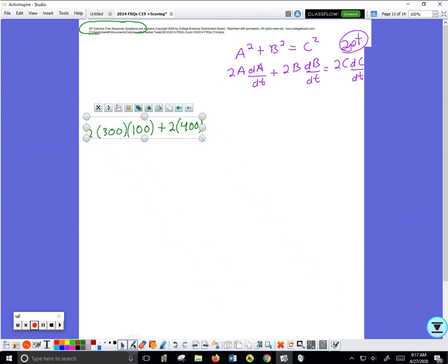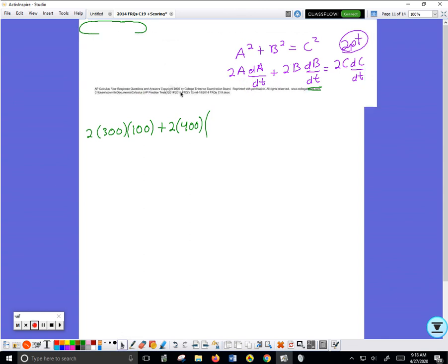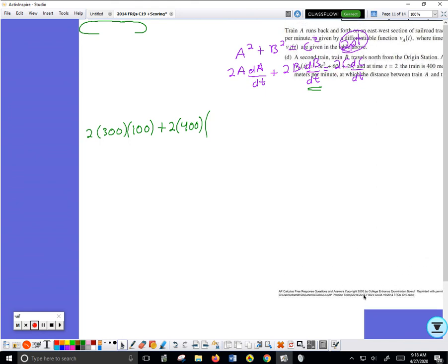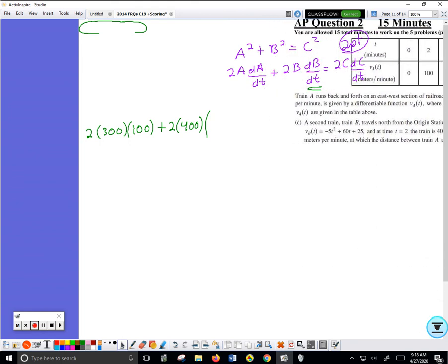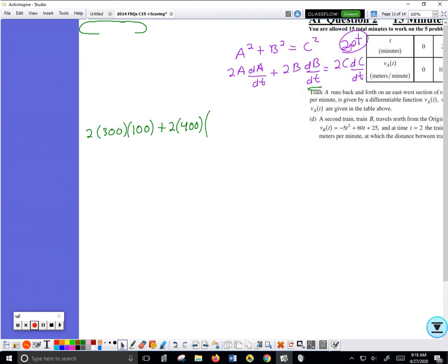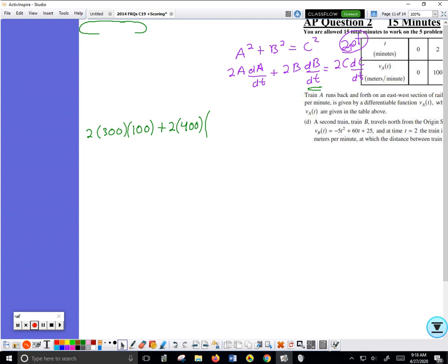Okay. So I needed the dB/dt, the velocity of train B at time 2. I don't have to do any simplification, so I can just plug things in. Let's go look at our equation here. There it is. So I just have minus 5, 10.